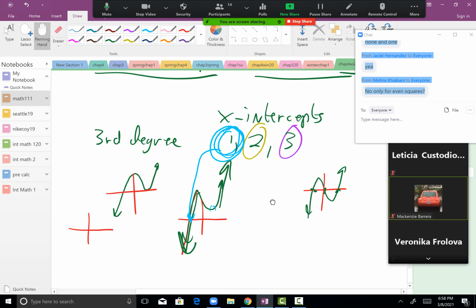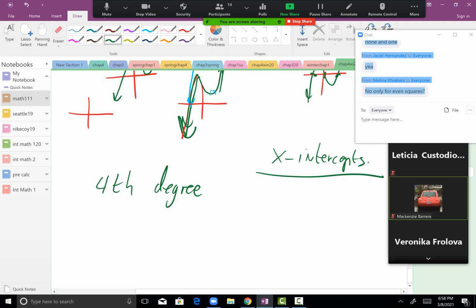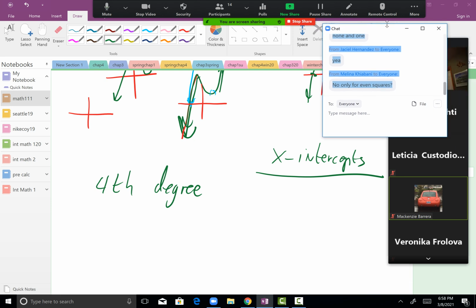And now let's talk about a fourth degree. X-intercepts. How many x-intercepts can a fourth degree have? Give me some answers on that. 2.